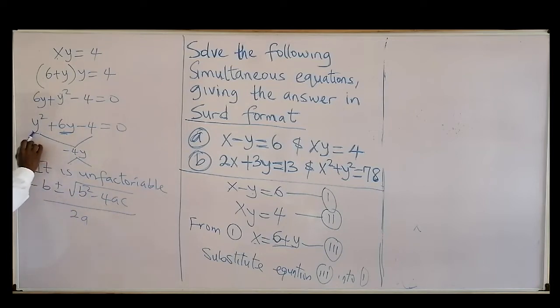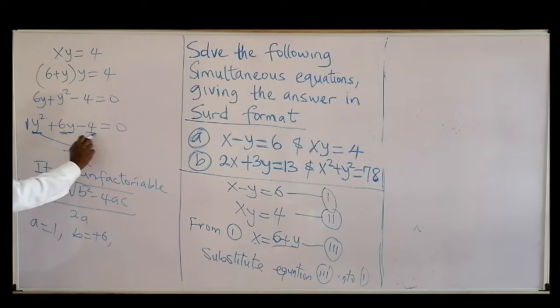And the variable here is y. Where a is the coefficient of y squared, which is 1 here, plus 1. B, the coefficient of y, is plus 6.